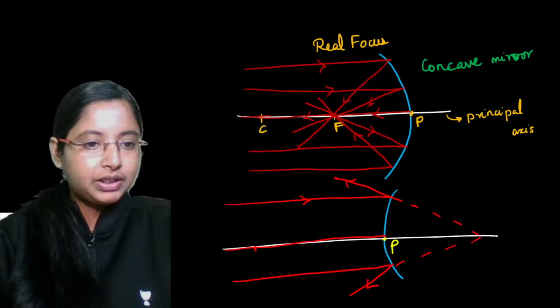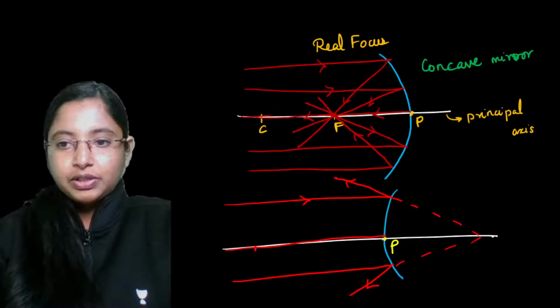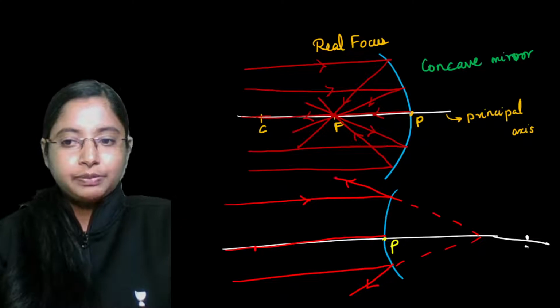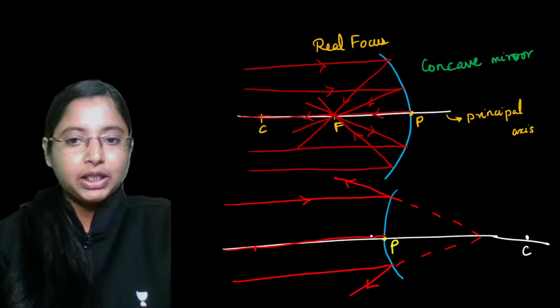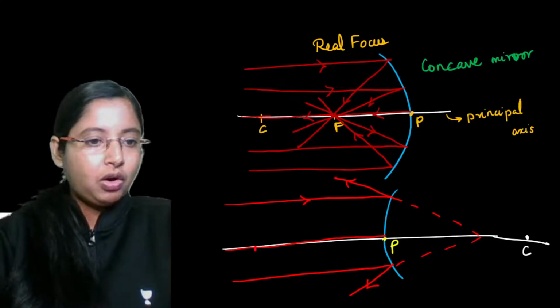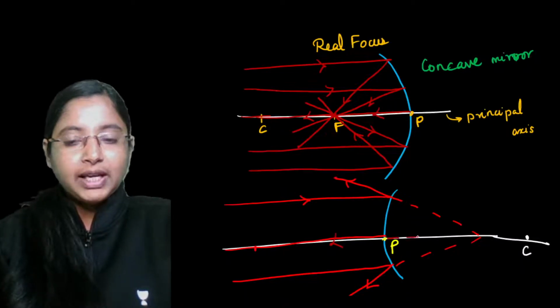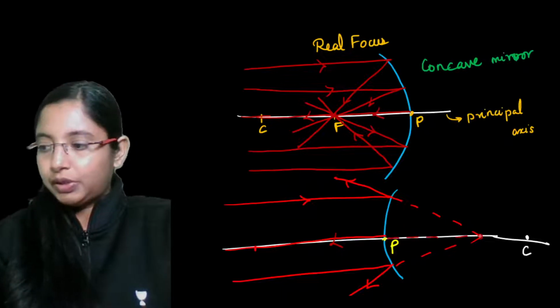Because this is part of a spherical mirror, the center of curvature would be somewhere over here. All of these rays are diverging, but we can extend the rays to meet at one particular point.